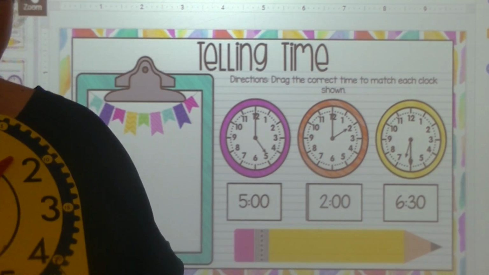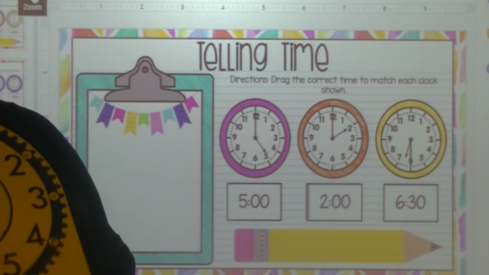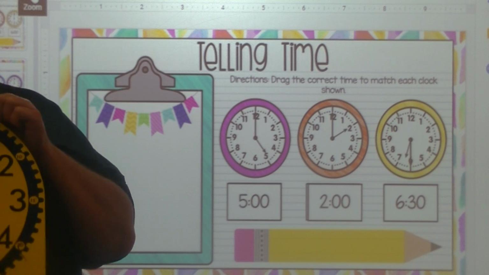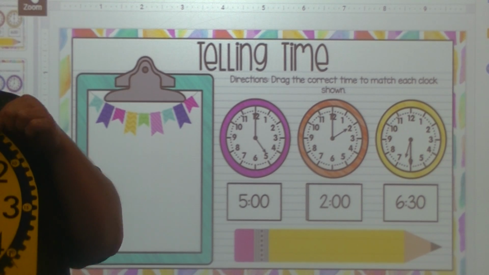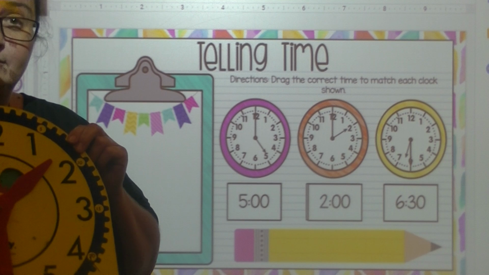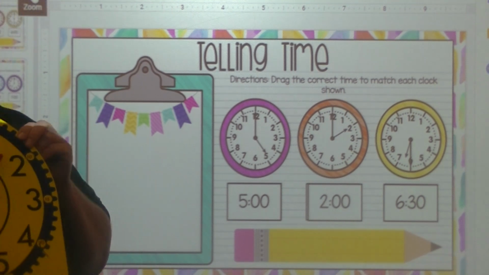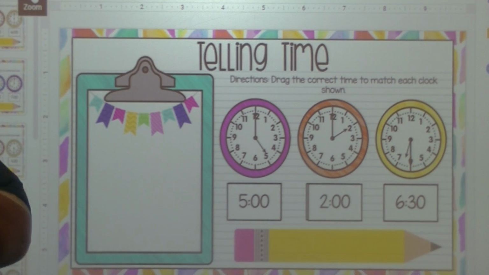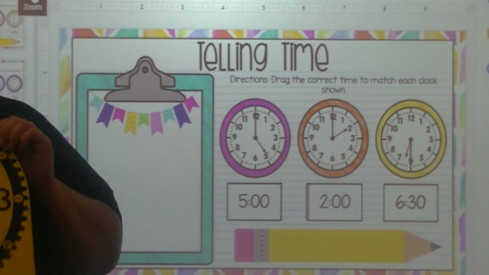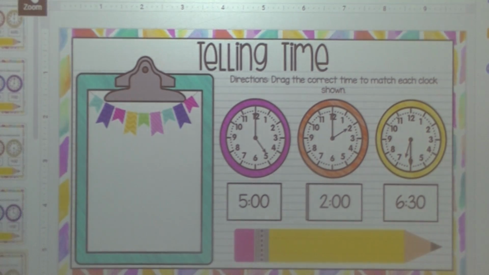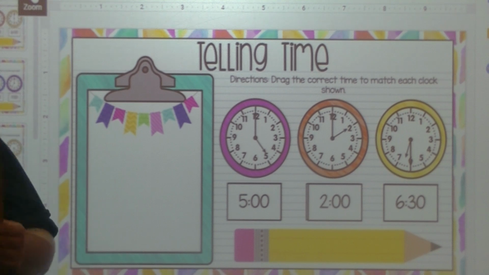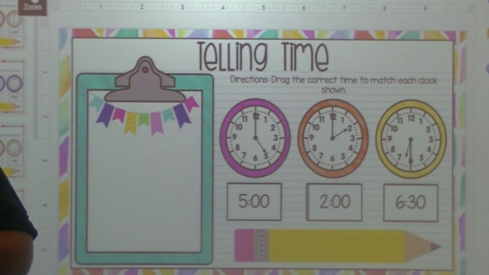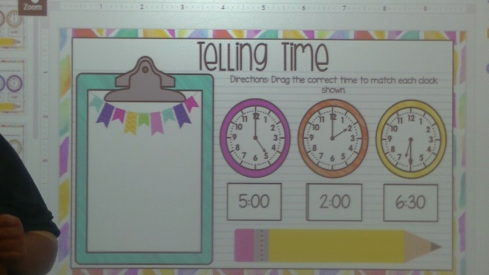Your minute hand will be on the 6 to show halfway around. And then at 1:30, you're halfway past the 1. All right, let's try another one. Show 2:30. Let's see if you guys can show me 2:30.